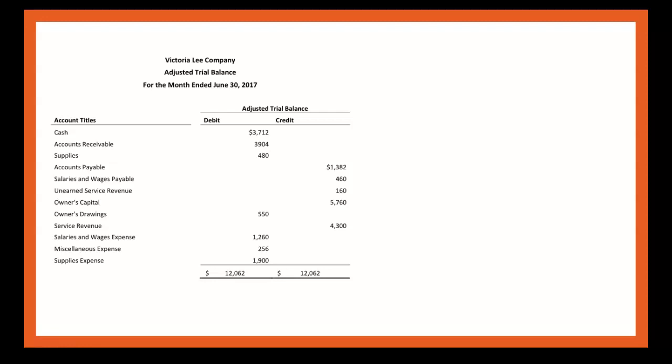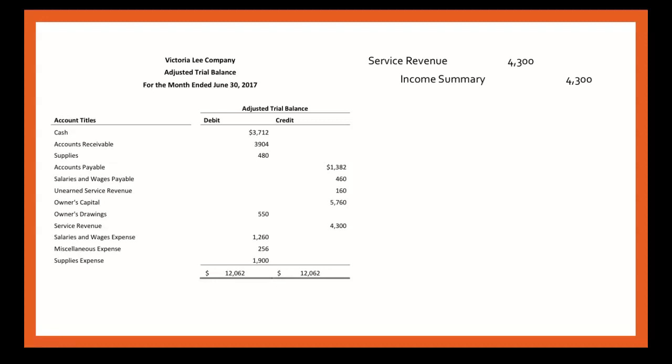So to zero out an account that has a credit balance, we are going to have to debit our service revenue. So we will debit our service revenue and credit our income summary because we are closing our revenue account to our income summary account. And then we just take the $4,300 that we found on the adjusted trial balance.